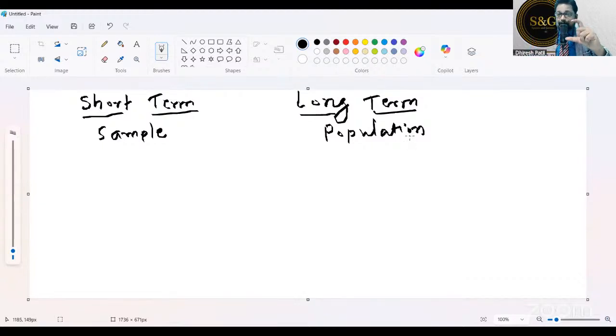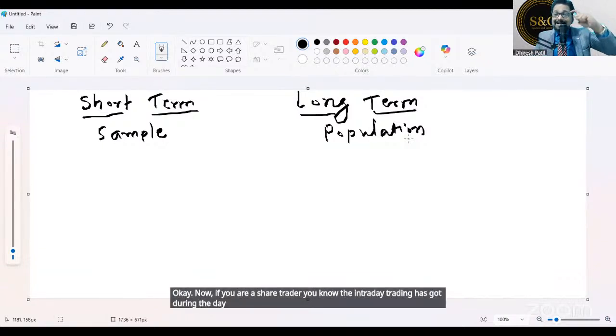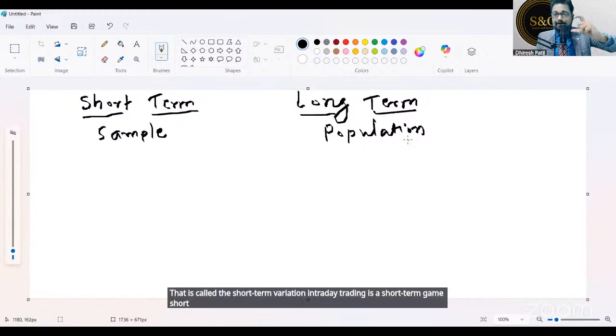Now if you are a share trader, you know the intraday trading has got, during the day the price of the share fluctuates. That is called the short term variation. Intraday trading, it's a short term game.